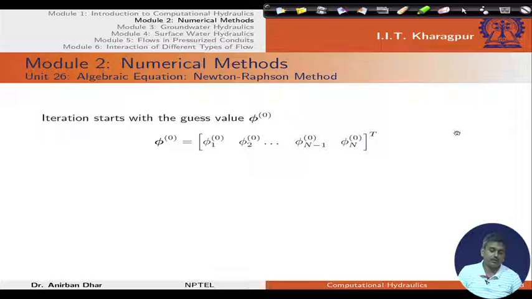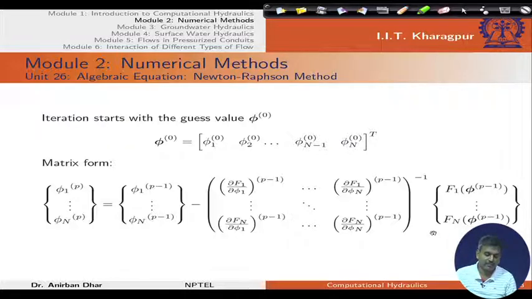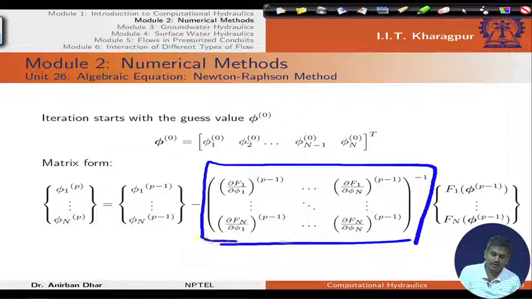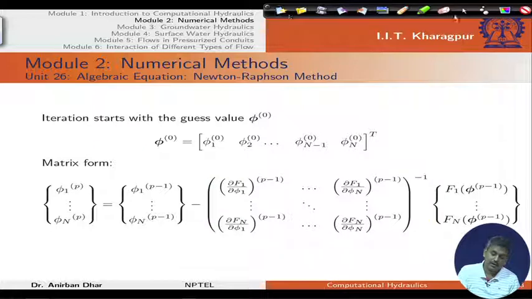In unit number 26 we discussed the solution of algebraic equations using the Newton-Raphson method. In the Newton-Raphson method we started with a guess value and we can invert the Jacobian matrix, and finally with an iterative approach we can get the solution starting from the guess value.